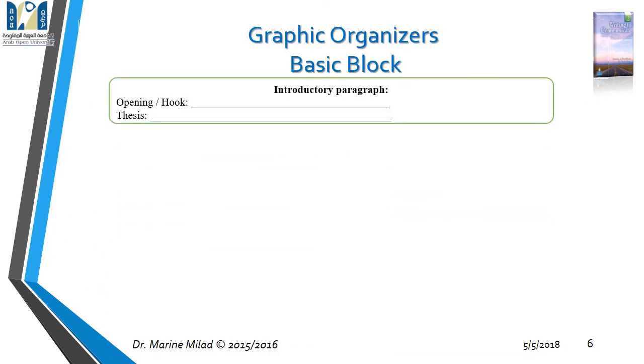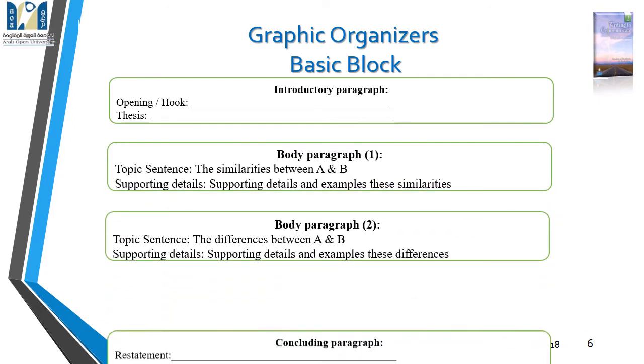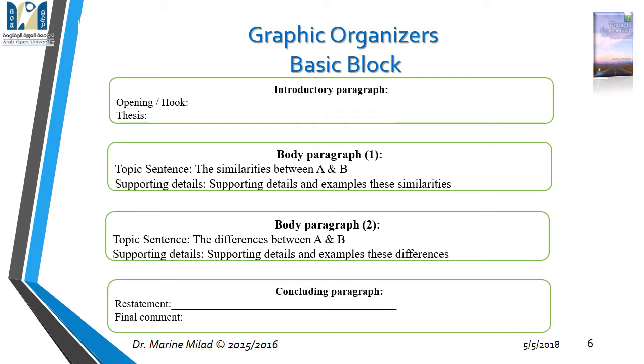The first one is the basic block. You will start with your introduction, right? Then you will have body paragraph 1 and 2, and then the last one. Here, basically, the similarities and differences are in the body paragraphs. In body paragraph 1, you will tell me the similarities in your topic sentence, and then in your supporting details, you will support these similarities.